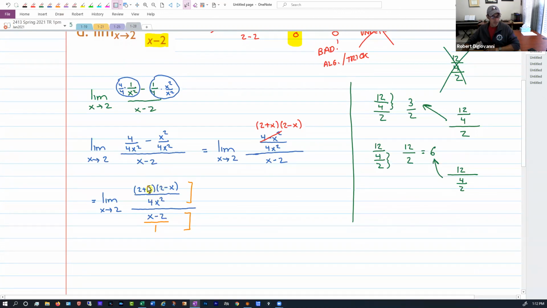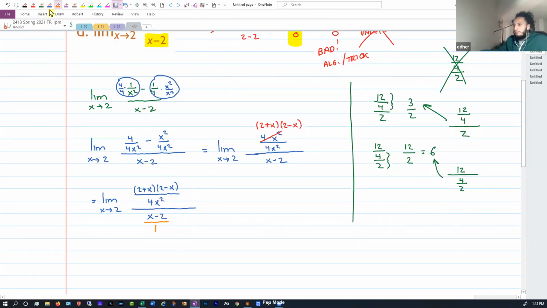So do these cancel? 2 plus x does not cancel with x minus 2, right? 2 minus x does not cancel with x minus 2 either, because they're almost the same, but they're not. This is positive 2, this is negative 2, this is negative x, this is positive x. So they're almost able to cancel. So what can I do?